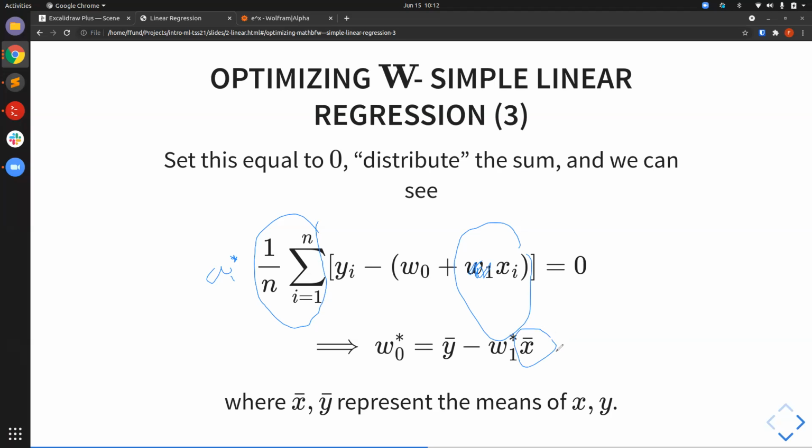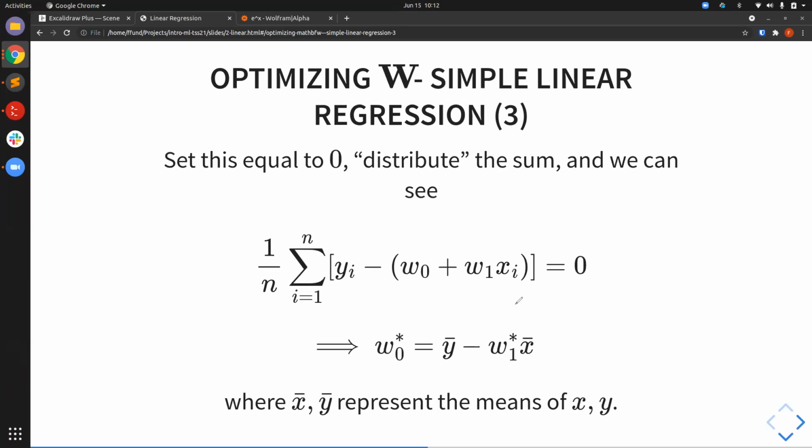So that's just the mean of x. Okay. So now I can then just distribute that out. And the optimal value of W0 with the intercept is the mean of y minus W1 times the mean of x. So it's a very simple expression. Okay. So we found our optimal value of W0.